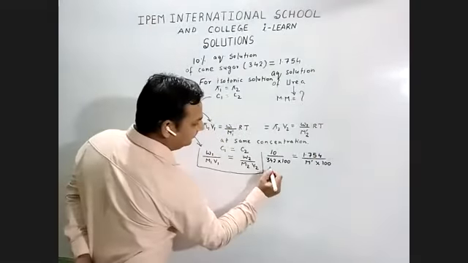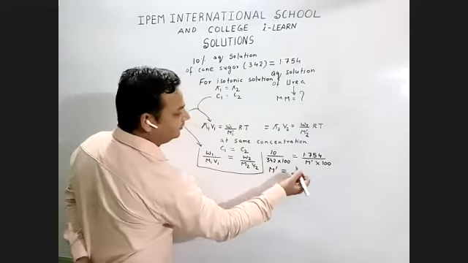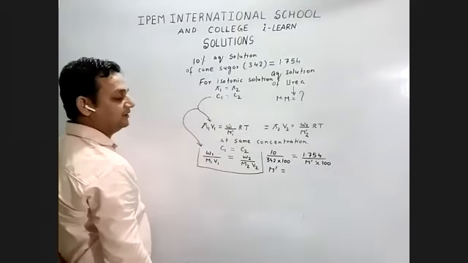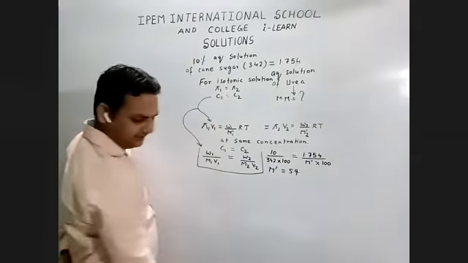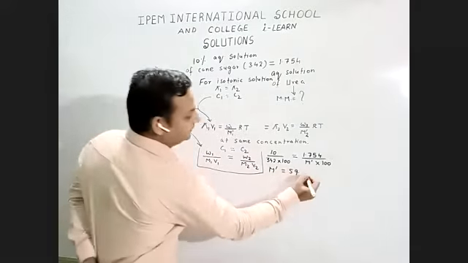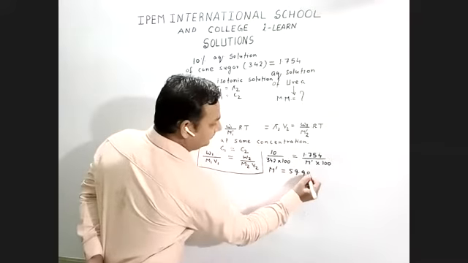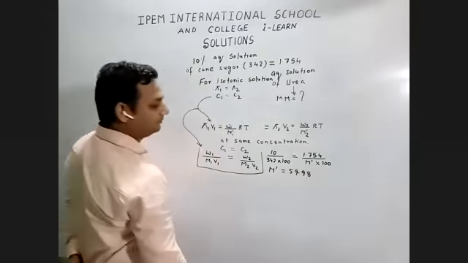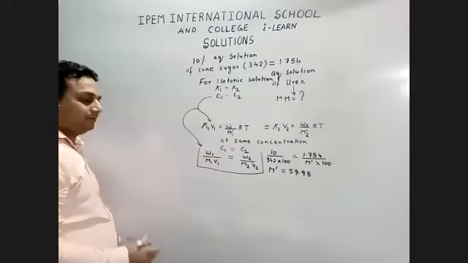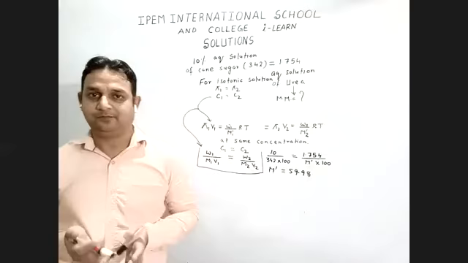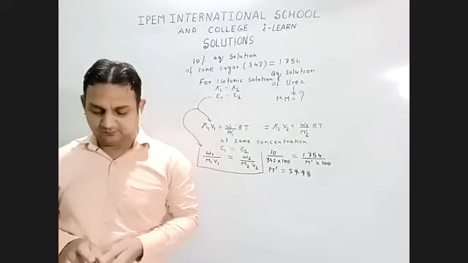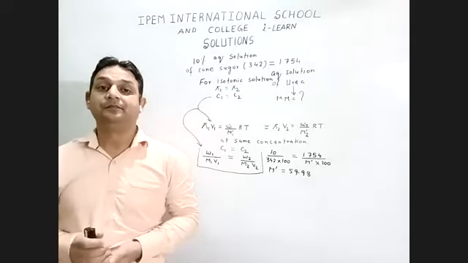Now M, you can easily find out the molecular mass, and they have given 59.98. And you know the molecular mass of urea is 60.